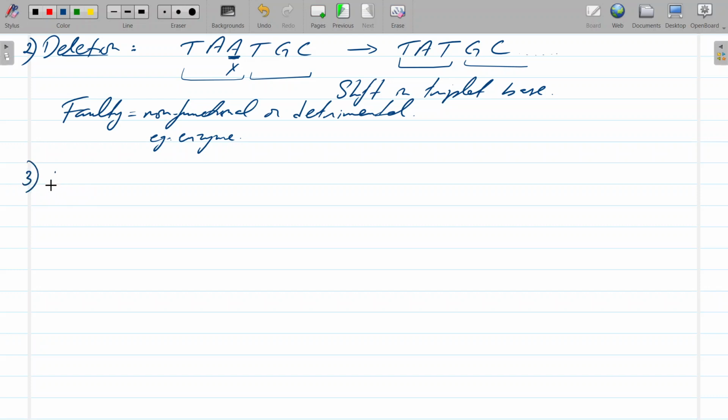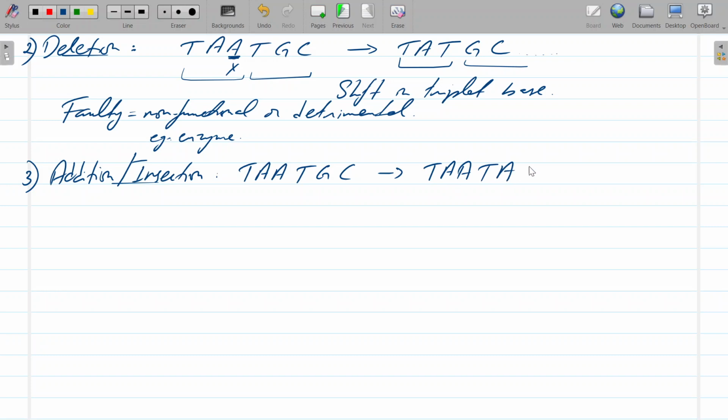And the third is an addition or an insertion, and this has a similar effect to the deletion, because it shifts the entire code. And so you again have the TAA TGC, and you're fitting in another nucleotide, and so you're getting TAA TAGC.